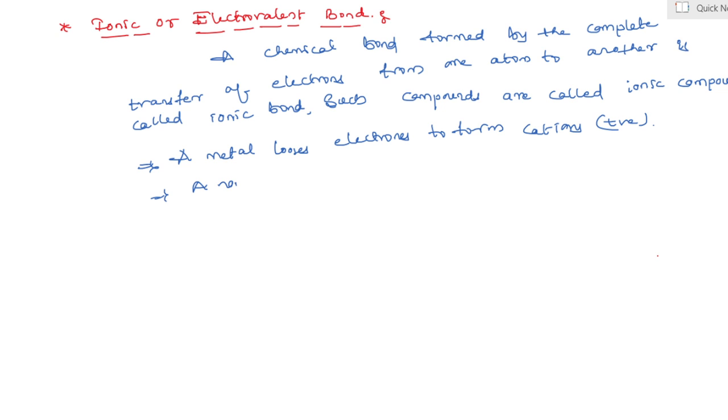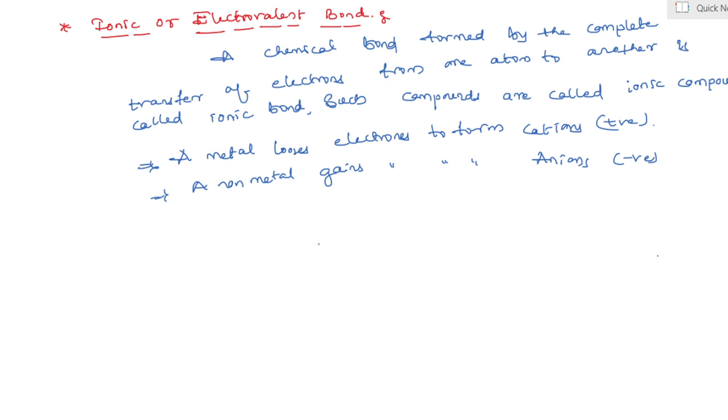A non-metal gains electrons to form anions, which means negative ions. It means an ionic bond is formed between a metal and a non-metal.